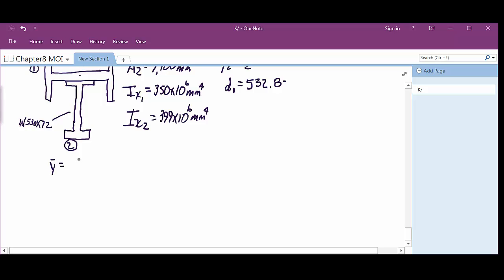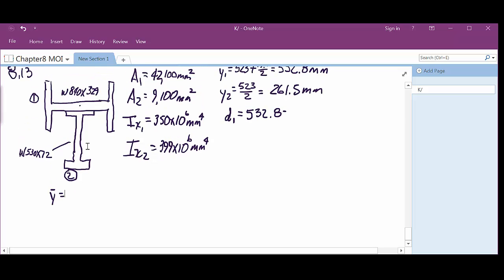equals what? The area of 1. Let me try to roll that back up a little bit.